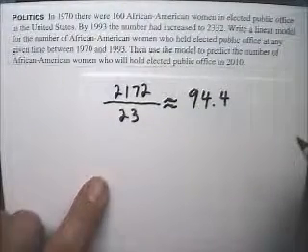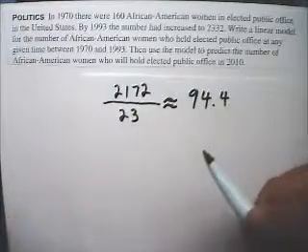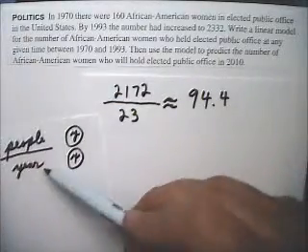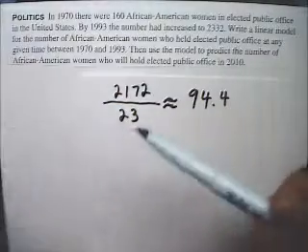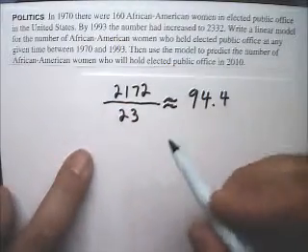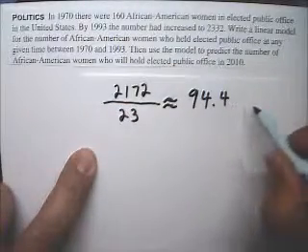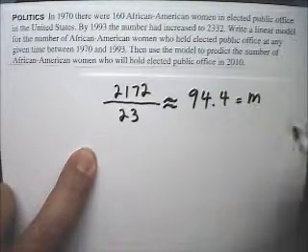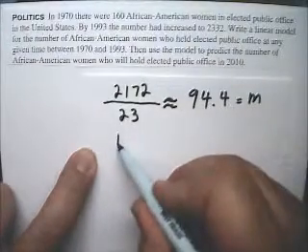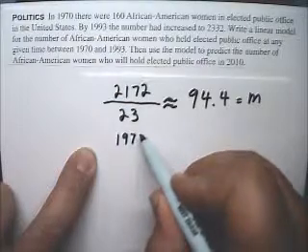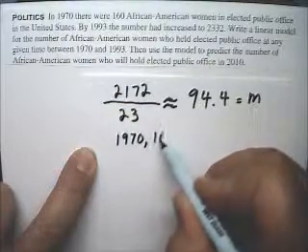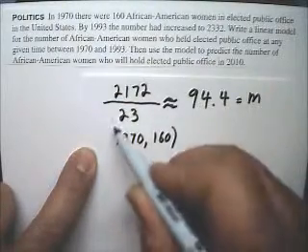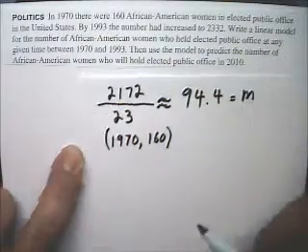So we said the years were the x's and the people were the y's. So we're going to use 94.4 for our slope. And one of the points we have is 1970, 160. See, this is a point. This is the x and this is the y.